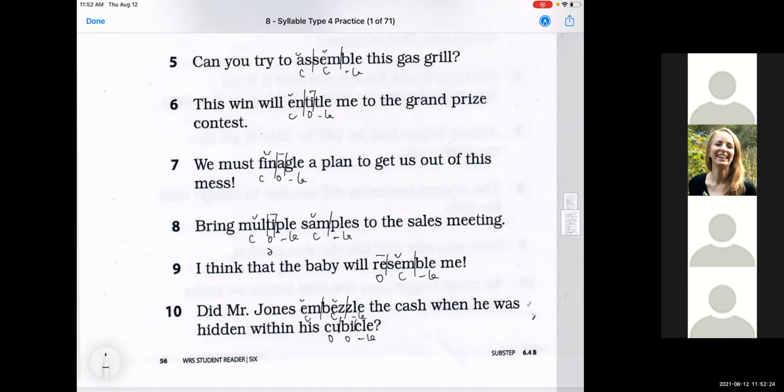The middle syllable is short. Cubicle, or maybe schwa. Yeah, because no accent. CU is the accent, right? Yes. Mm-hmm. Cubicle. All right, great job, guys.